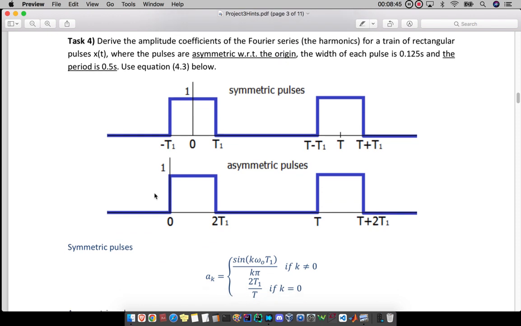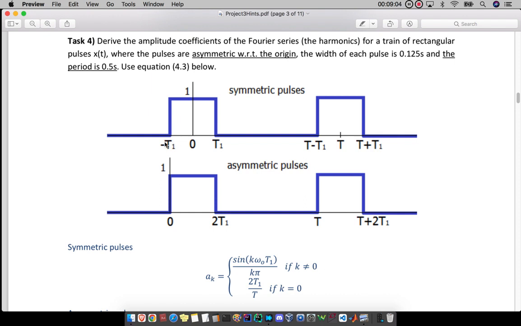Okay, so then task 4, which I will be responsible for presenting in class. We have to derive the amplitude coefficients of the Fourier series, the harmonics, pretty much just like what we were doing in Lab 6, if anyone has started that yet.